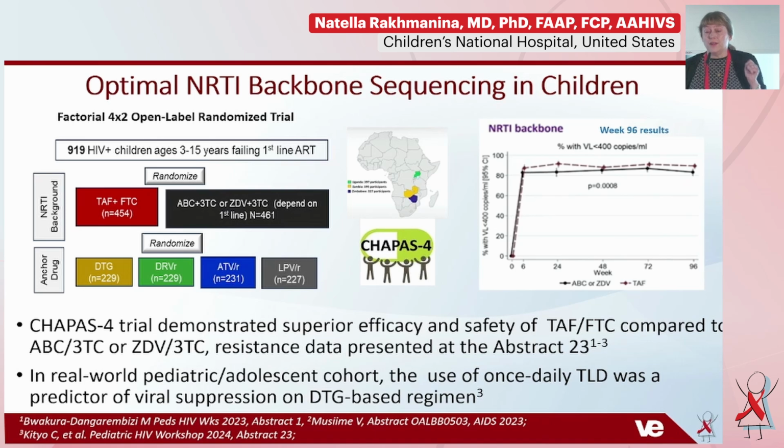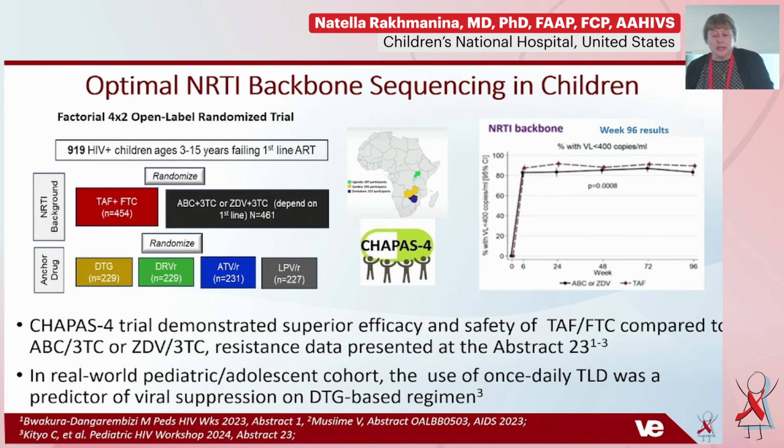And very, very exciting data looking into a formulation which we do not yet have as a generic option for sub-Saharan Africa and other resource-limited settings is the CHAPAS-4 trial, which conducted two levels of randomization in children failing an NRTI regimen. The first level randomized the NRTI backbone, looking at TDF-FTC versus standard of care abacavir-3TC or zidovudine-3TC. The second randomized DTG against currently available boosted PIs.